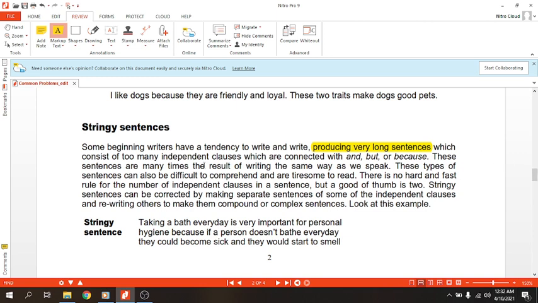So these types of sentences can be a problem for the reader. Bisa banget jadi masalah buat pembaca because it can be difficult to comprehend and tiresome to read. Susah dimengerti karena kita nggak tahu mau berhenti di mana kita, dan juga capek kita bacanya. Ya, capek bacanya karena nggak tahu kapan sih habisnya ini sentence gitu.